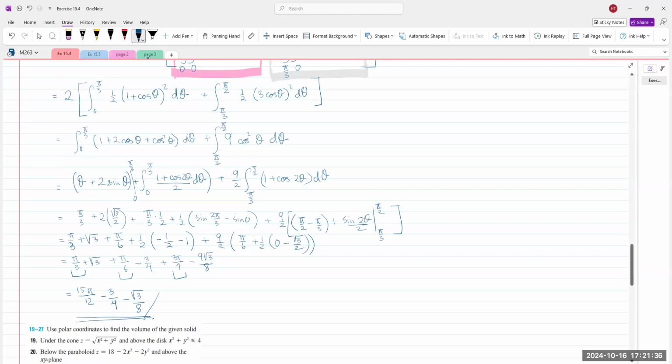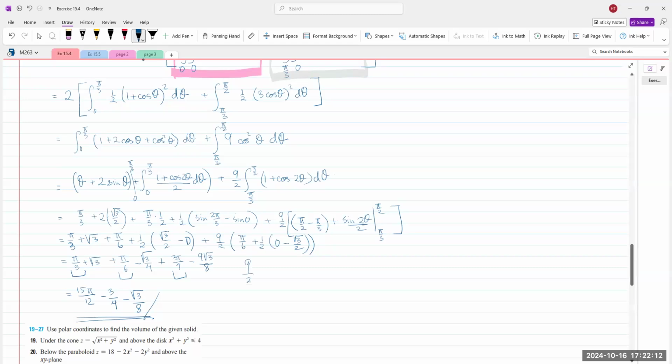Okay, so sine 2 pi over 3 is radical 3 over 2 minus 0. So this guy becomes radical 3 over 4. Am I right? And then let's see this one, integral of 1. I'm good.